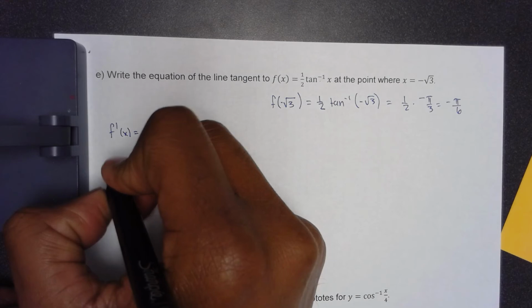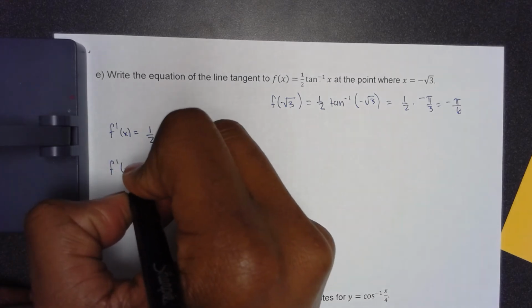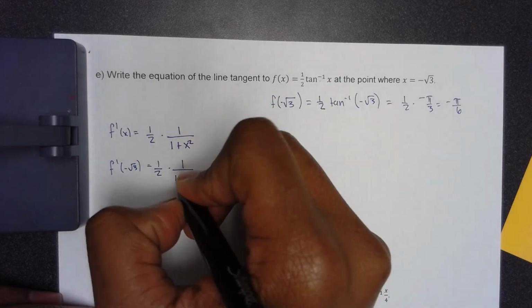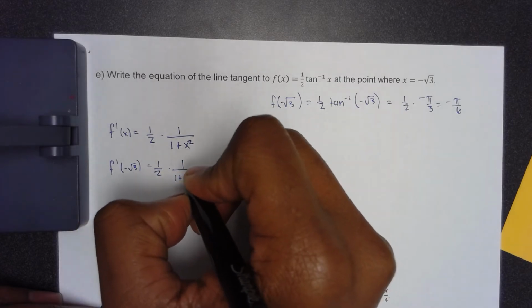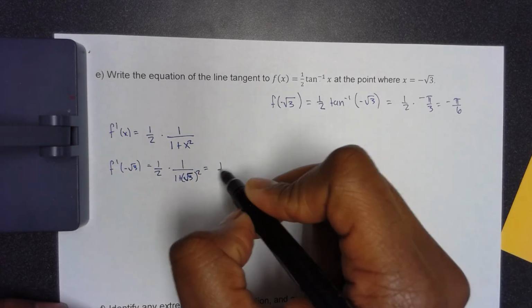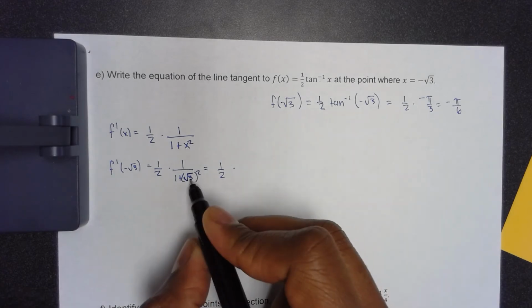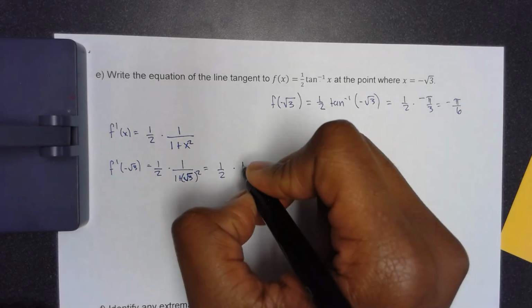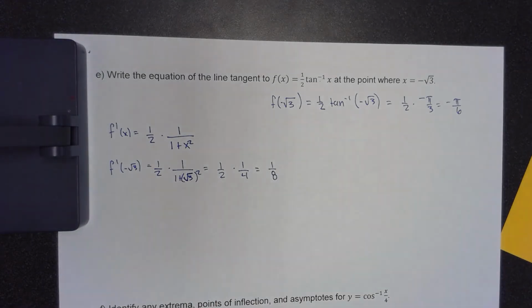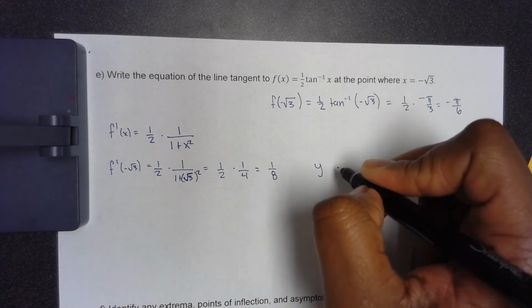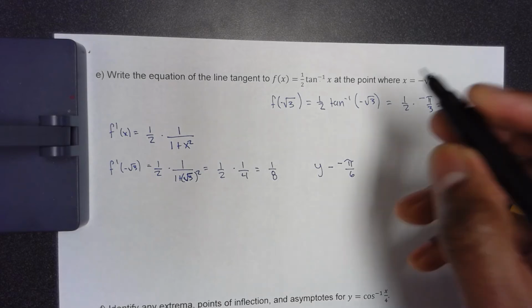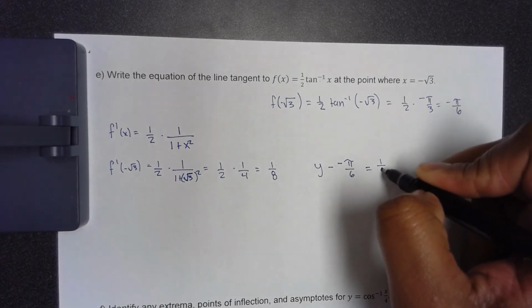And if we substitute in negative square root 3, that is 1/2 ... which equals 1/8.